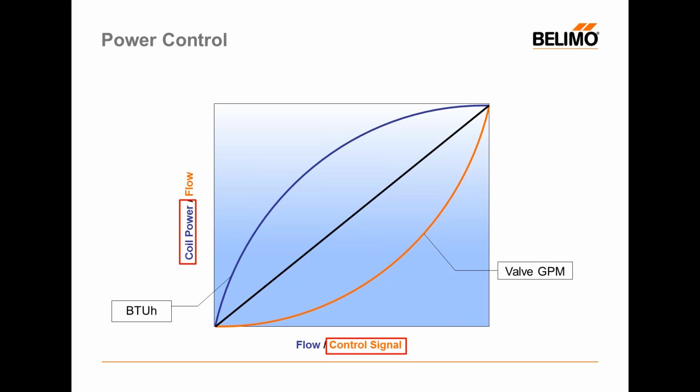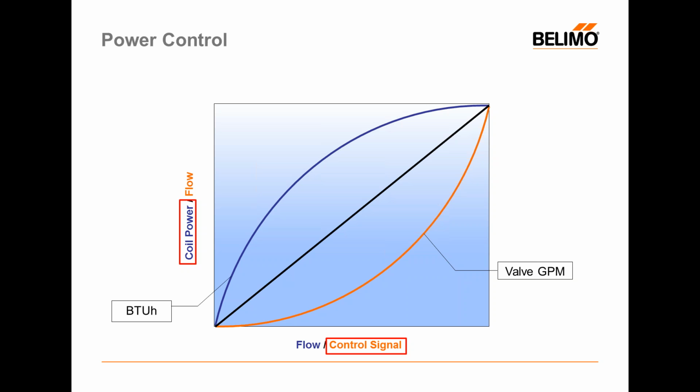And if my valve and my coil are perfectly matched, I have this type of control. If they're a little off, or the characterizations don't match, or one side's a little bigger than the other one, well, you still get pretty good control, but you're not exactly getting 10% more everywhere else.